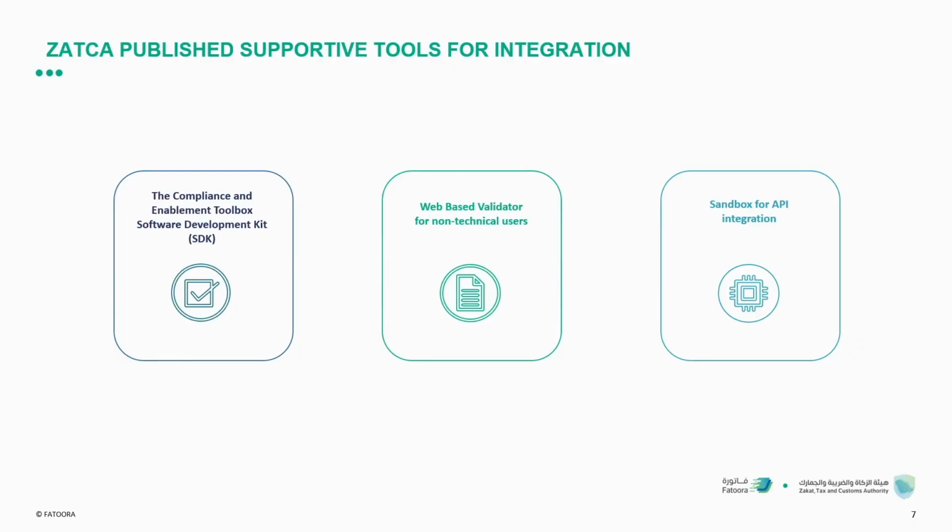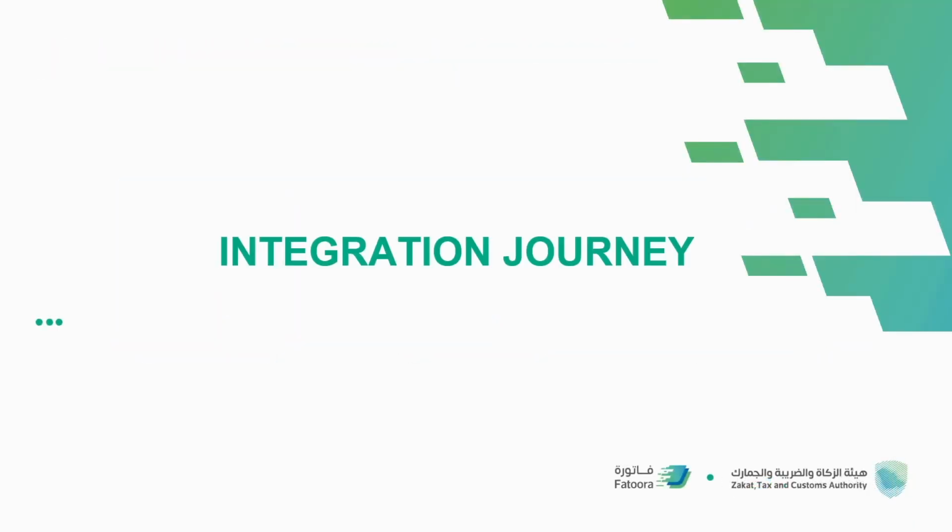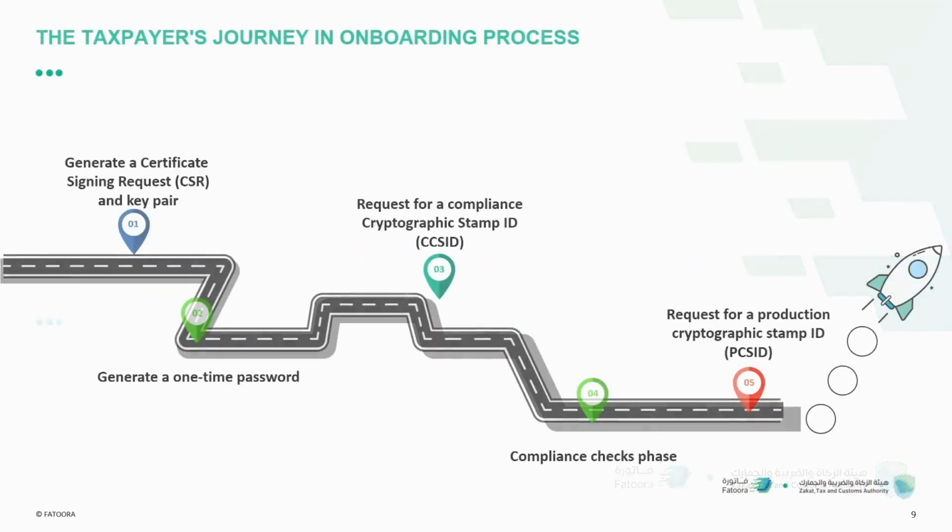Now, let's move to the next section, which is the integration journey. The journey towards the integration consists of 5 specific steps. The first step is to generate a certificate signing request and key pair. The second step is generating an OTP from the Fatoora portal.